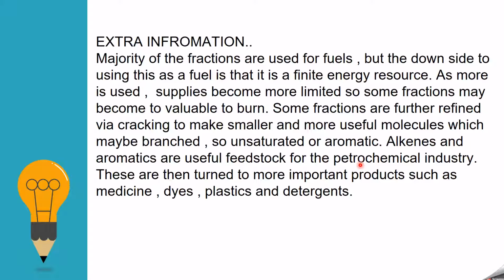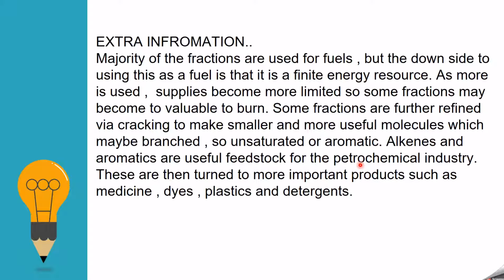Just a little bit more extra information. The majority of the fractions are used for fuels, but the downside to using this as a fuel is that it is a finite energy resource, so it's non-renewable. You won't have so much of it. As more is used, supplies become more limited, so more fractions may become too valuable to burn.